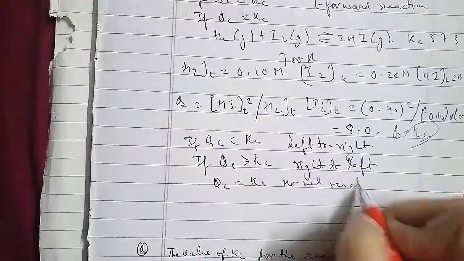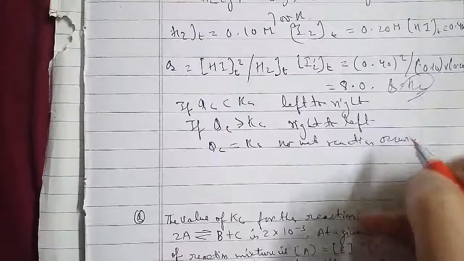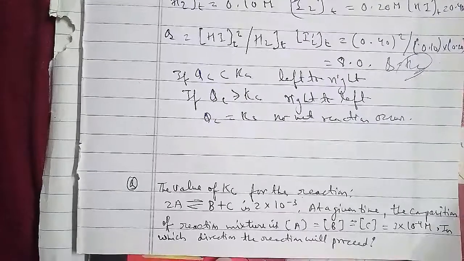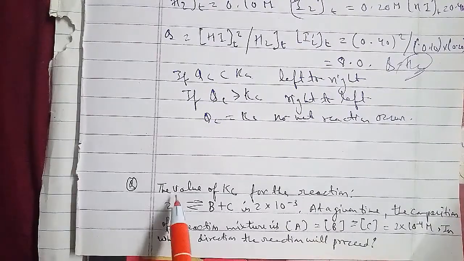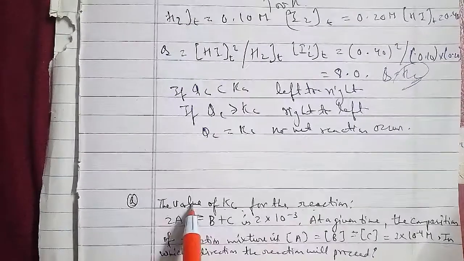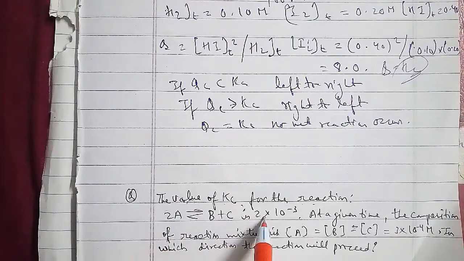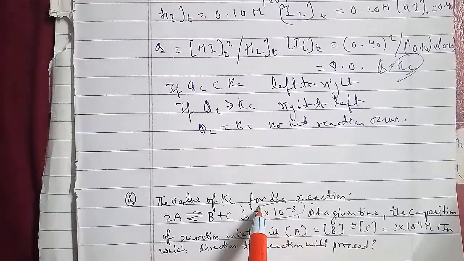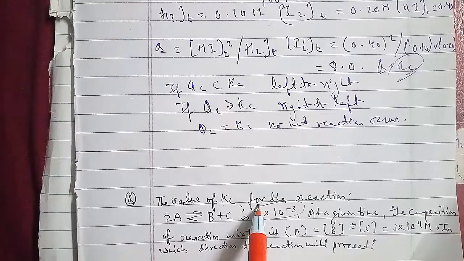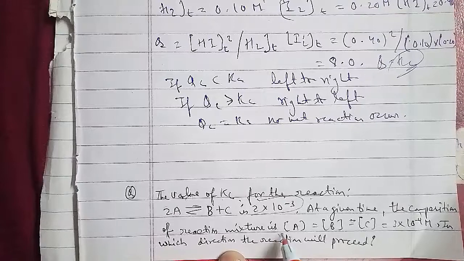Okay, so with regard to this question only, we'll go ahead and solve it, and we'll tell in which direction the reaction will move. For a given reaction, the reaction quotient Q is given by QC equals B times C upon A squared.